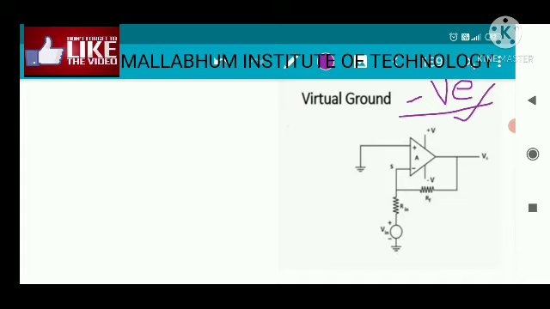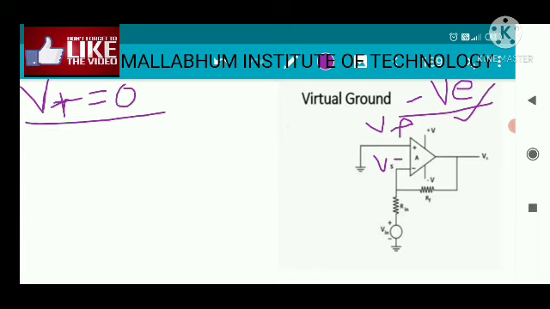This is the V plus voltage and this is the V minus voltage. You can see that the V plus voltage is ground, so 0 volt. So the V minus voltage is also 0 volt because of the virtual ground. Just by applying the property of the virtual ground, as the V plus voltage is 0, the V minus voltage is also 0.